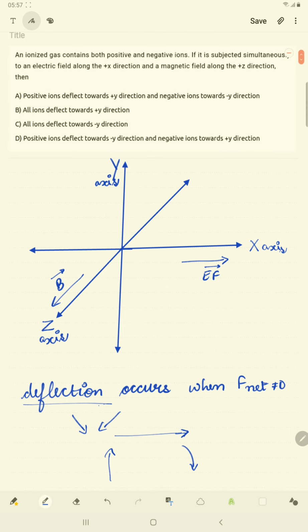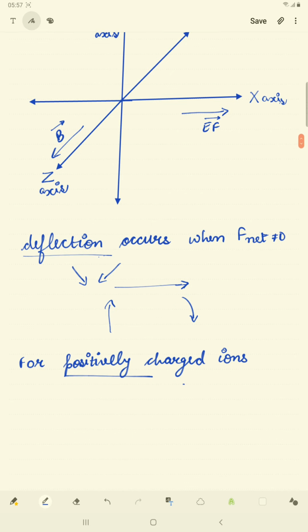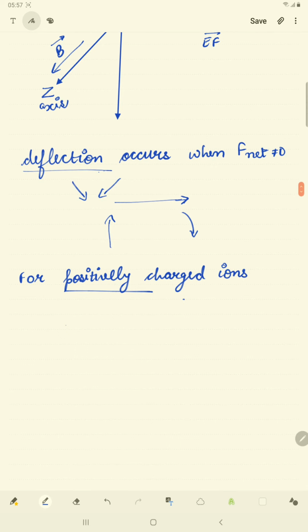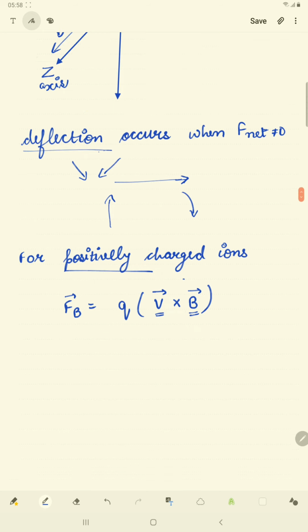Since we know that the positive charges move in the direction of the electric field, we need to write the force by the magnetic field. So the force by the magnetic field is Q into V cross product B, where V is the velocity of the particle, and B is the magnetic field in which the particle is traveling.